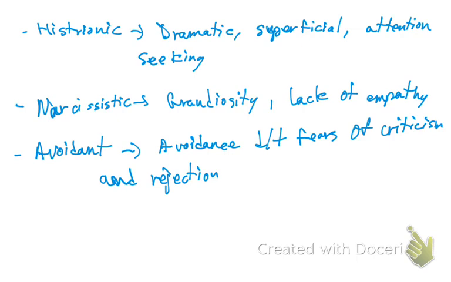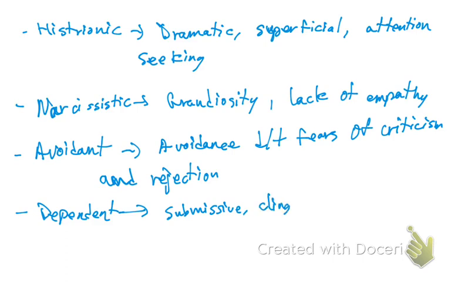This is avoidant. Then the other one is dependent. A dependent person is basically submissive. They are clingy, and they need to be taken care of.